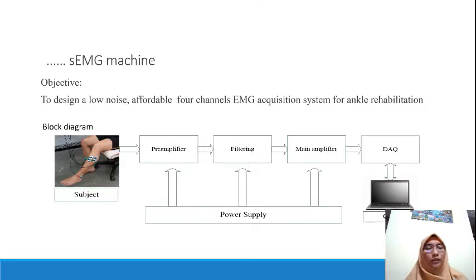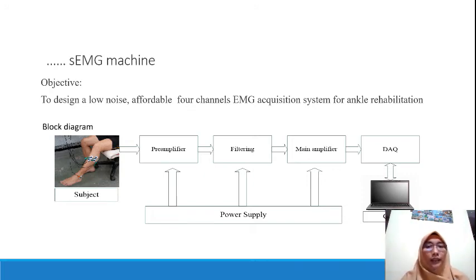So the objective for rehabilitation device 2 is to design a low noise, affordable 4-channel EMG acquisition system for ankle rehabilitation. So why 4 channels? Because the ankle joint only involves 2 joint motions.